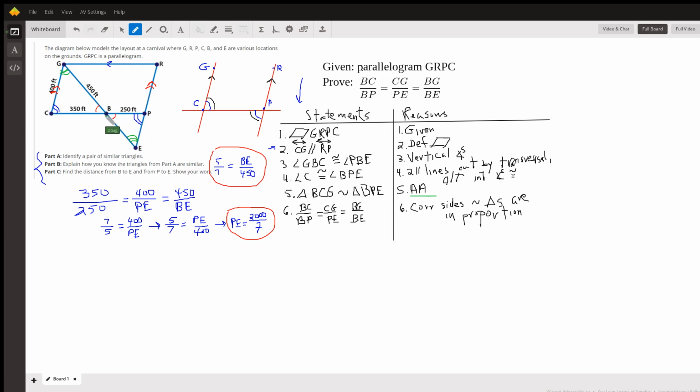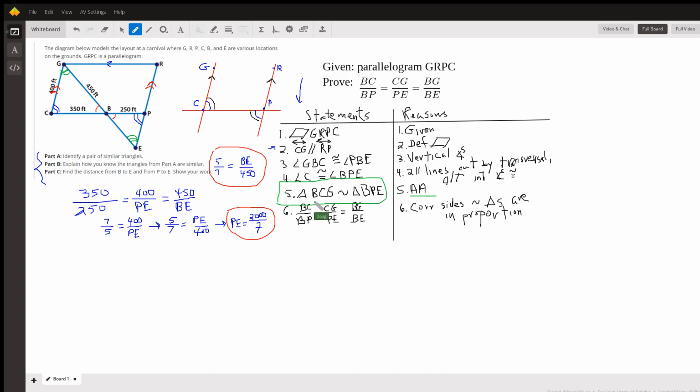So the correct, or one of the ways to establish the similarity, is that triangle BCG, now we've got to get the corresponding letters in the same order. Start at B, P, E, because C corresponds to vertex P. And once you have this established, then you can say if 2 triangles are similar, their corresponding sides are in proportion.